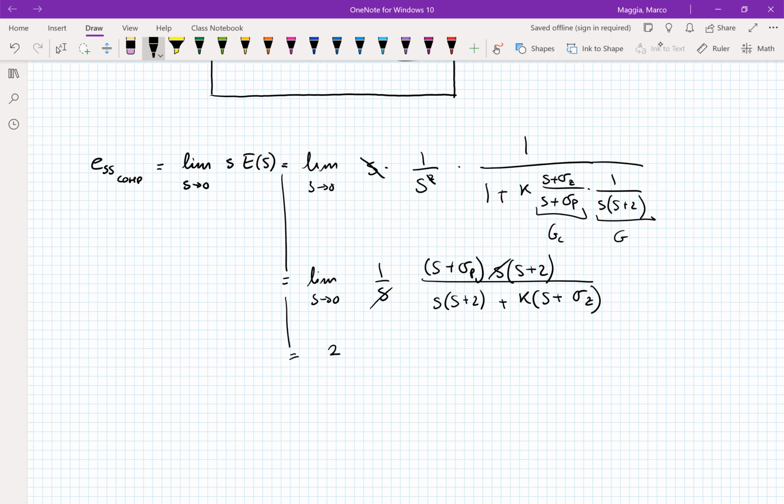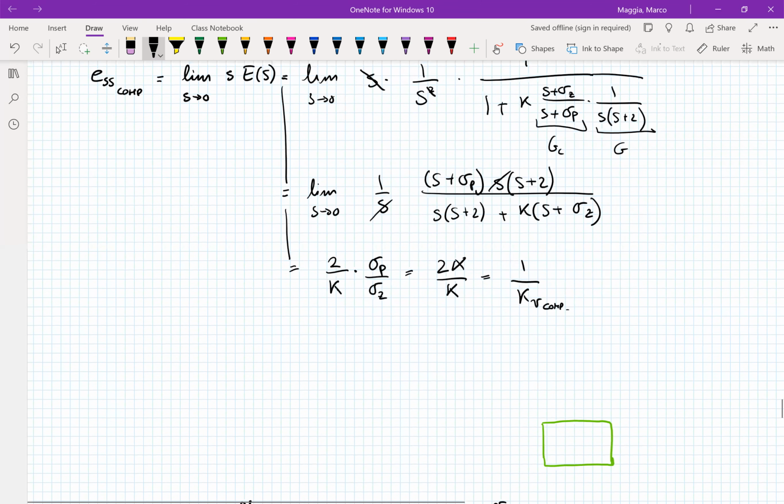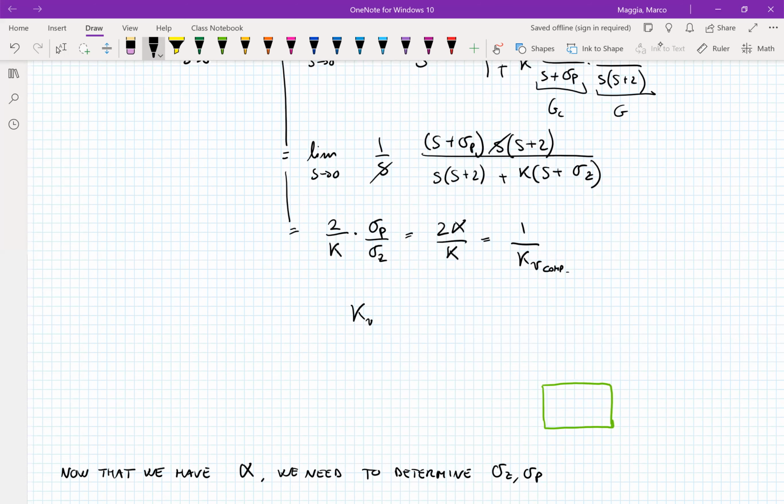All right, so here we have, once again, 2 over k, but now this, which was the uncompensated steady state error, is multiplied by sigma p over sigma z. And that is, we have 2 alpha over k. Now this has to be equal to 1 over kv. Obviously, now it's compensated. So the velocity constant is equal to k over 2 alpha.